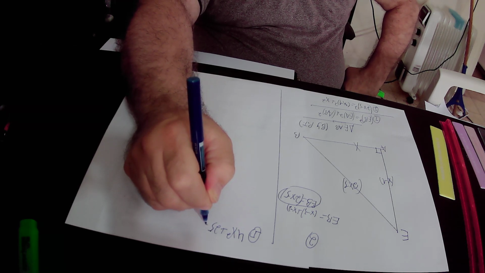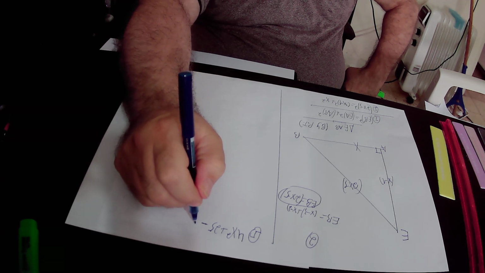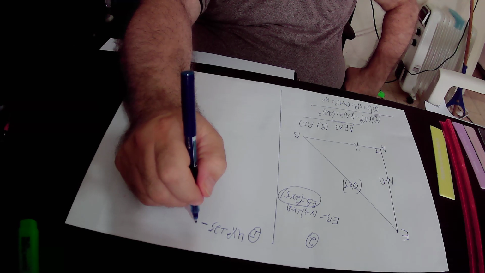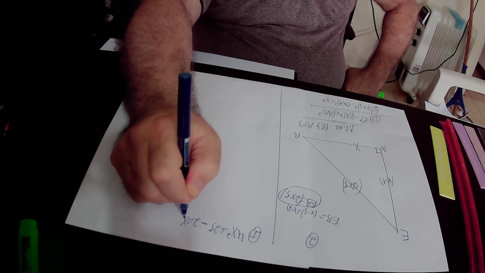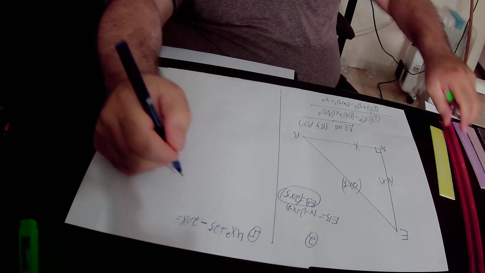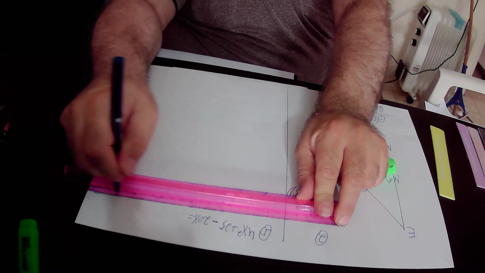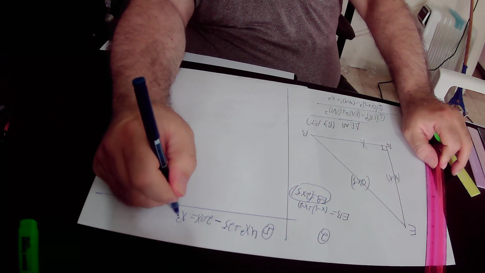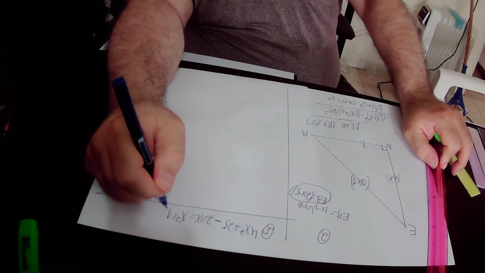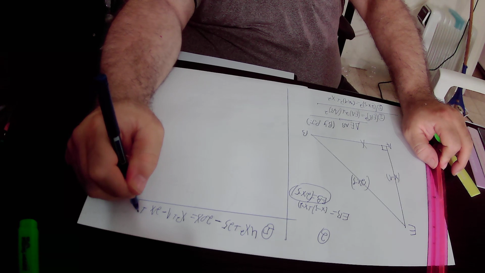minus 2 times 2x is minus 4x, and minus 4x times 5 is minus 20x. That is equal to x minus 1 square. X minus 1 square equals x square plus 1 square, that is 1, minus 2x, plus x square.